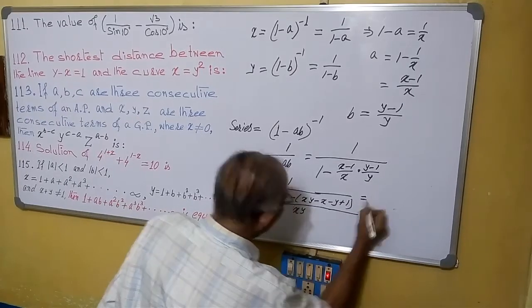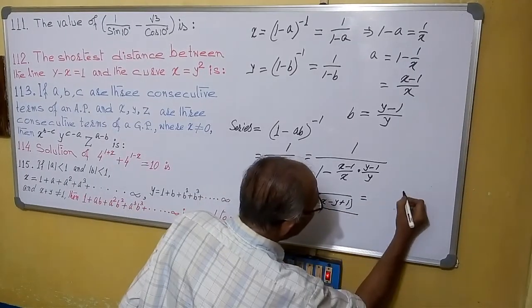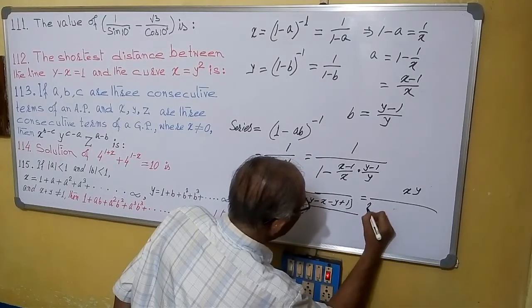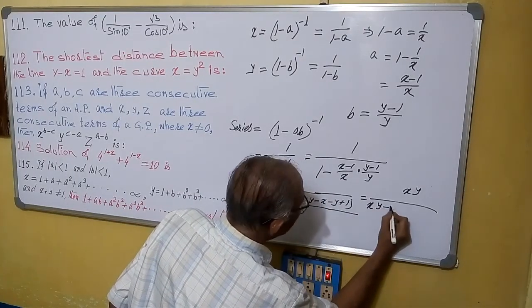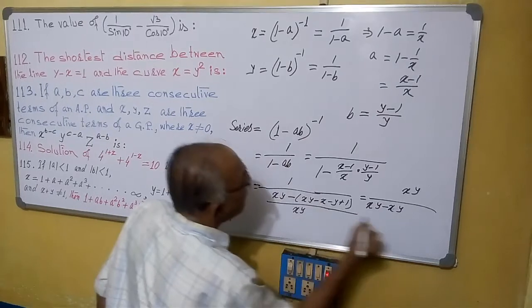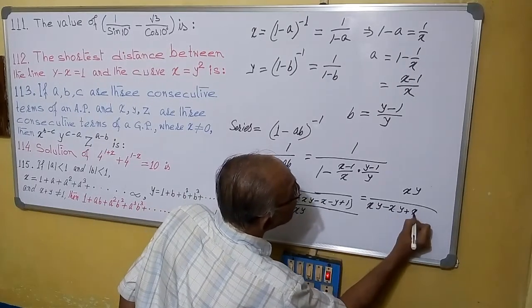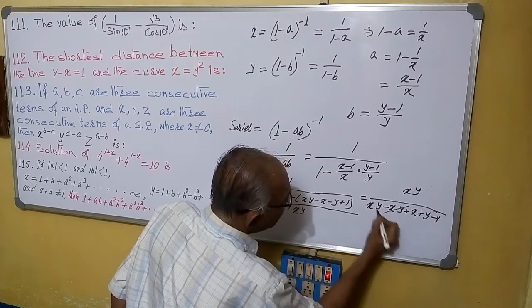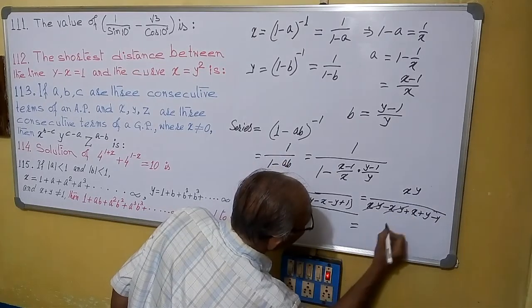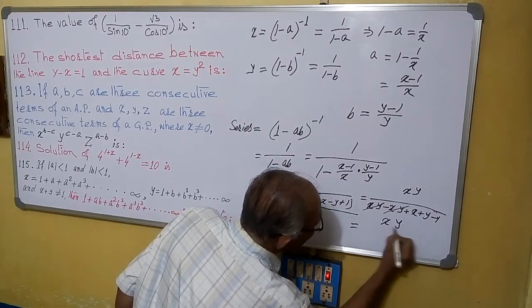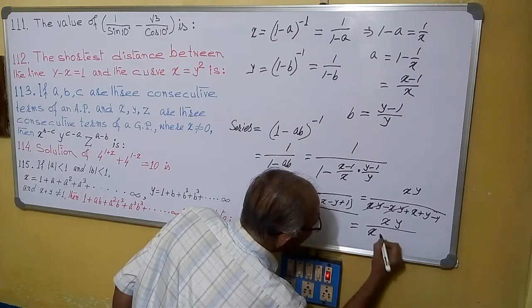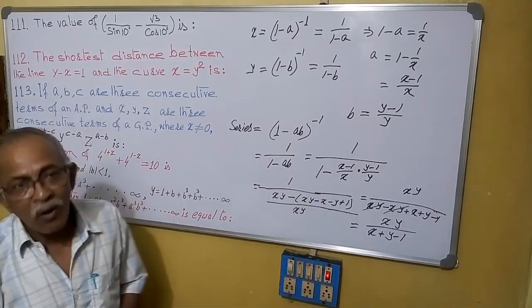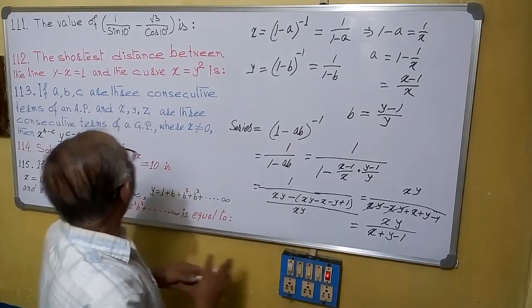Here xy will go up, xy by xy minus xy plus x plus y minus 1. These two will cut, so equals xy by x plus y minus 1. Hope I was able to explain.